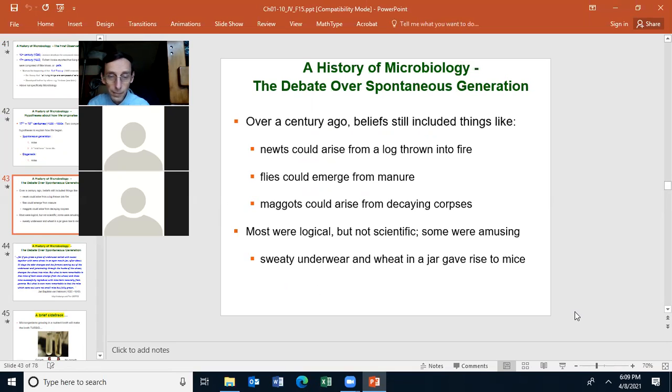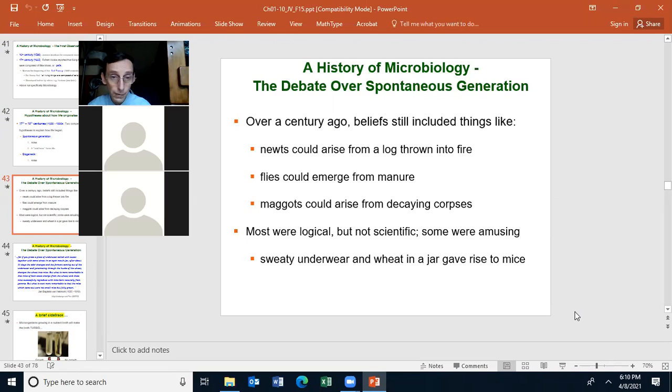And that was one of the observations they made for spontaneous generation. There were some others, like flies could emerge from manure, and maggots could arise from decaying corpses. These were all things that people said were spontaneous generation. Most were logical, but none of them were scientific.